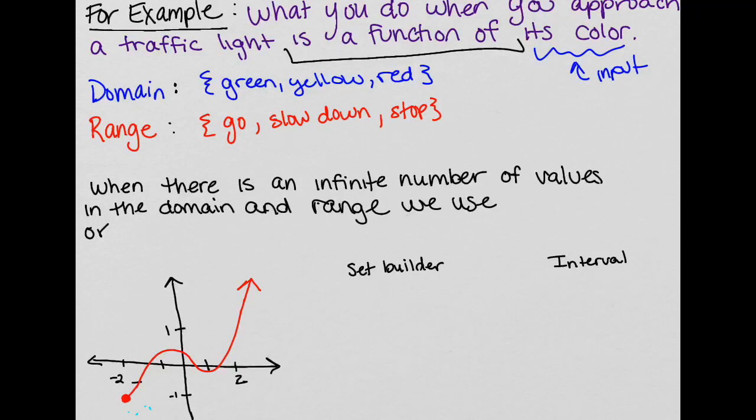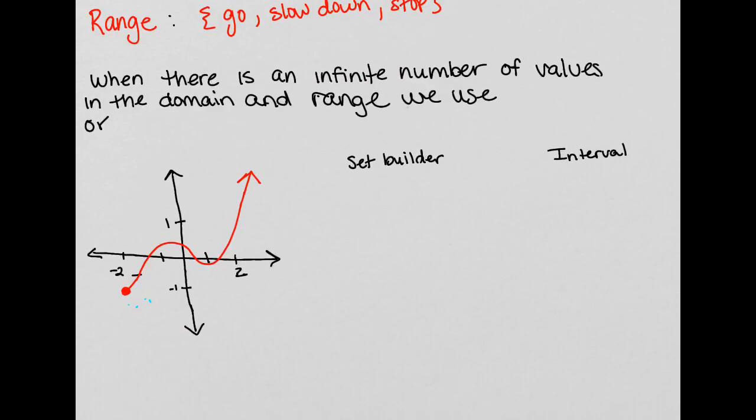When we have an infinite number of values in the domain and range, we're going to use either something called set builder notation or something called interval notation. So, how do I know that there's an infinite number of values in this domain and range?